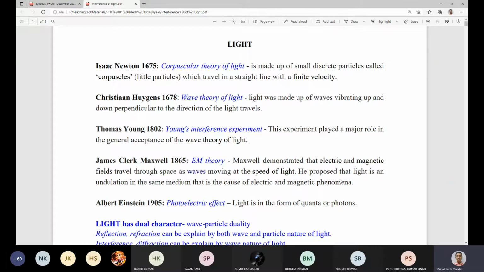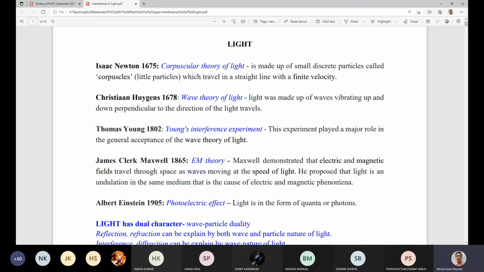But there was still a discrepancy in the scientific community, whether light is in the form of a particle or a wave. After Young's experiment, which could not be explained based on the particle nature of light, that is the corpuscular theory, but could be explained with the help of wave theory, the wave theory was established.